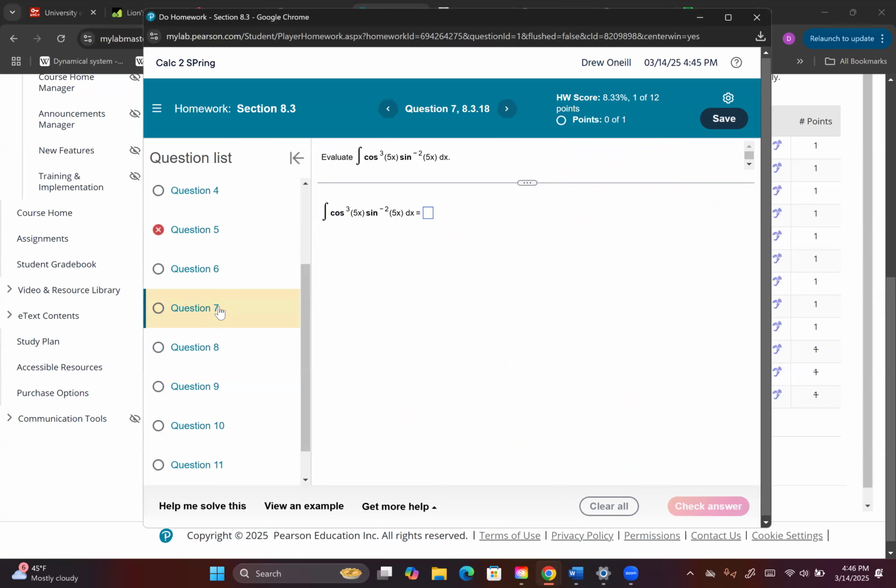Oh, what do we do here? We have sine. Well, we don't panic, number one. The good thing is they both have 5x. Now, what do we do? We hit view an example, but we want to be able to think of this.